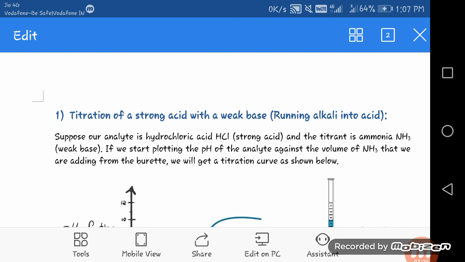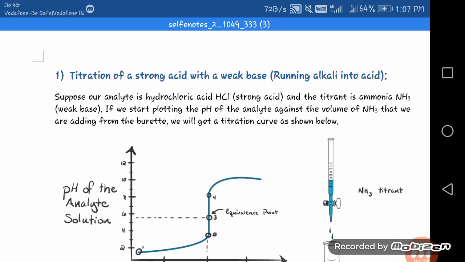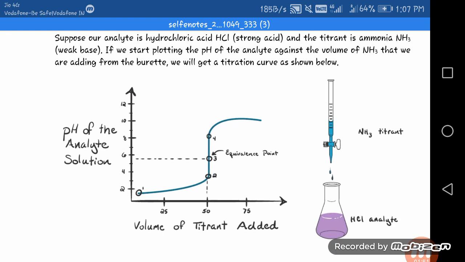So let's start. This is titration of a strong acid with a weak base. Suppose our analyte is hydrochloric acid and the titrant is ammonia, which is a weak base. If we start plotting the pH of the analyte against the volume of ammonia that we are adding from the burette, we will get a titration curve as shown below.